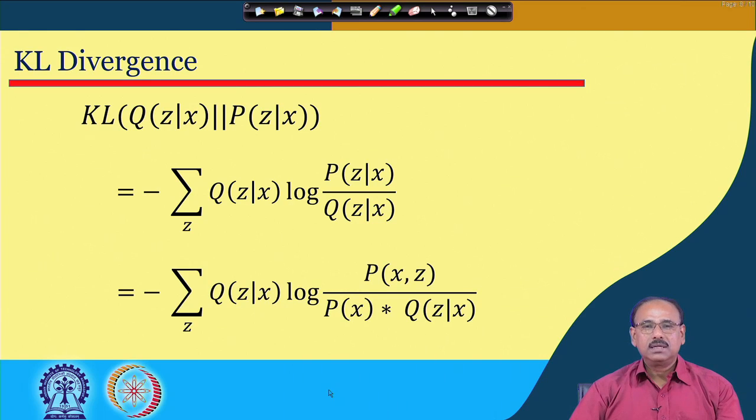You can go further, it simply becomes Q of Z given X into log of P of X, Z upon P of X into Q of Z given X, again coming from Bayes' theory.